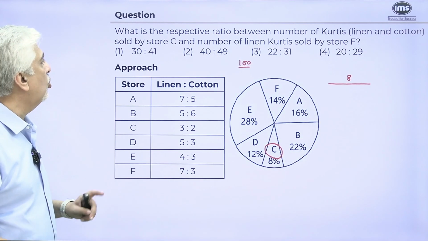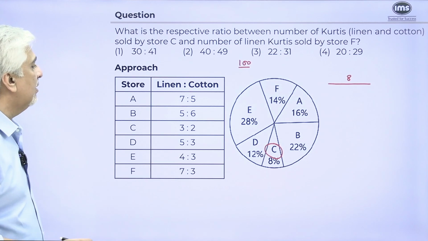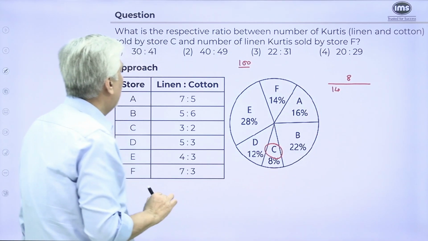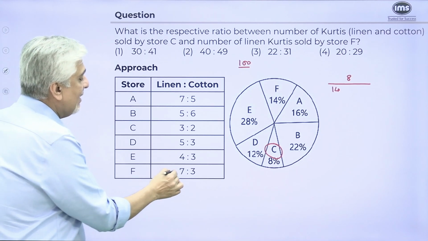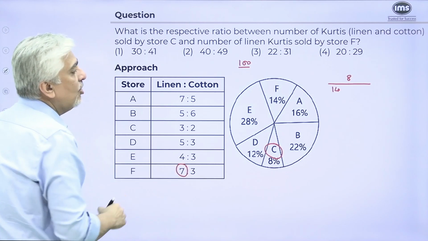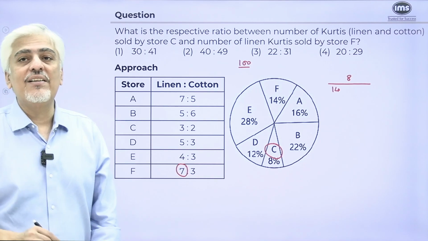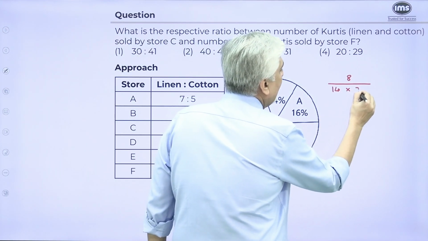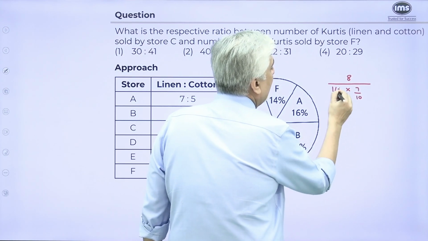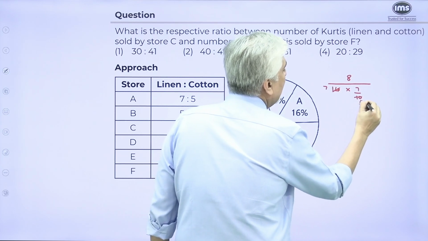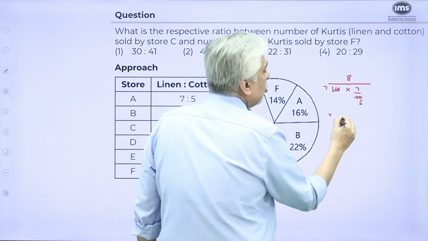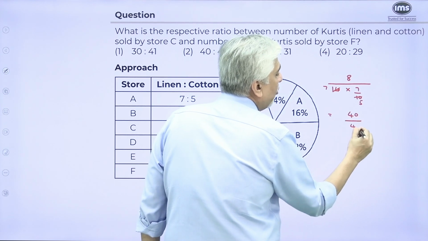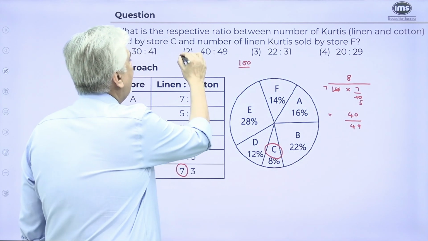Now store F is selling 14 kurtis totally, but out of that, how much is linen? It is 7:3, so linen will be 7 by 10. So I will get 7 by 10 over here. We can cut: 2 sevens are 14, 2 fives are 10. 5 will go on top. Nothing else is cutting. 8 fives are 40 upon 49, which is the second option.